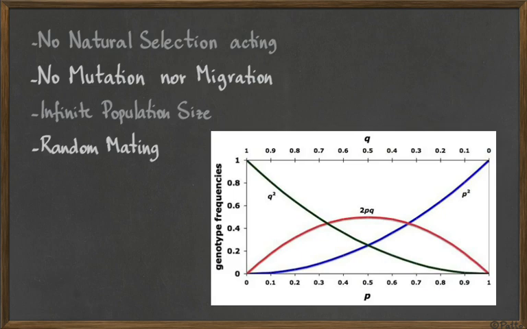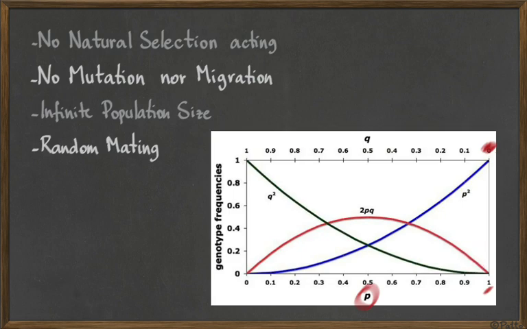Okay. Another thing that can be very helpful for us is if we plot those values here, where at the bottom we have the frequency of p. When you have a very high frequency of p, that means you have a very low frequency of q. And when we look at the Hardy Weinberg formula, it tells us that when the frequency of an allele is very, very small, like q here, probably most of them are going to be located in the heterozygotes.